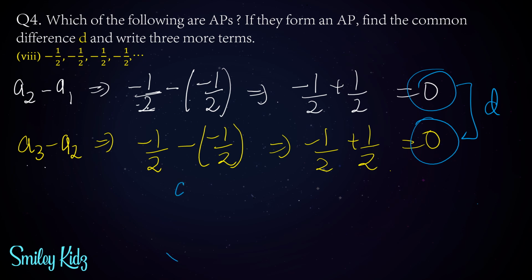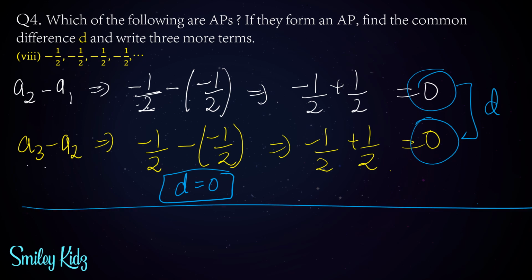You must always remember that the common difference can be 0. Now, what will be the next three terms? The next three terms will be minus 1 by 2, minus 1 by 2 and minus 1 by 2, obviously, because the common difference is 0. Our last term was minus 1 by 2. So minus 1 by 2 plus 0 will give you the next term, which is minus 1 by 2.